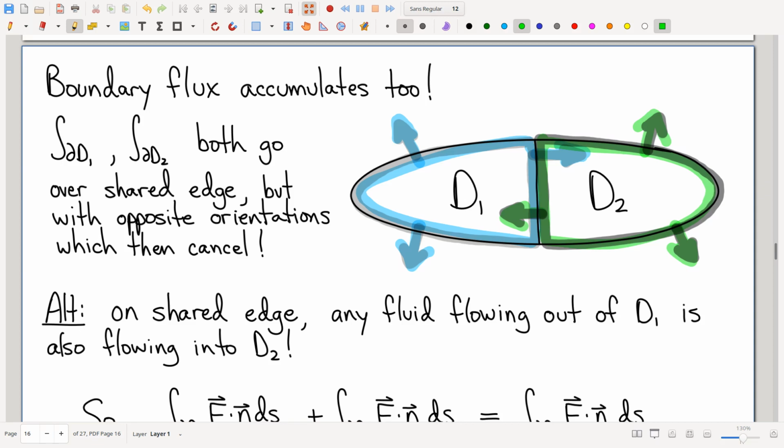This was most of the big picture idea of how we came up with Green's theorem. It's just that with Green's theorem, the opposite orientations were 2 different directions along this shared curve, whereas here, we're talking about 2 different directions through this shared curve. So geometrically different, but strategically pretty similar.